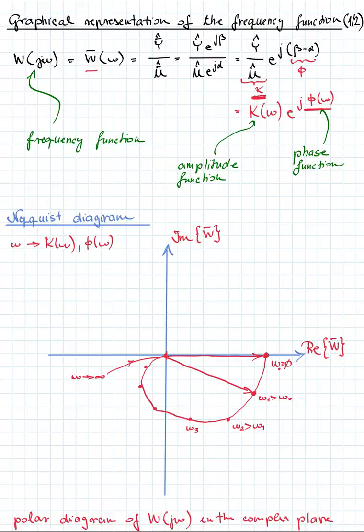So it's easy to see that it can be a very large work to get the Nyquist diagram, because we have to calculate Wj omega at many frequencies. We have to put these values to the complex plane, and finally we have to connect these nodes.